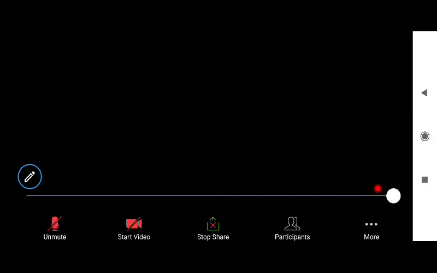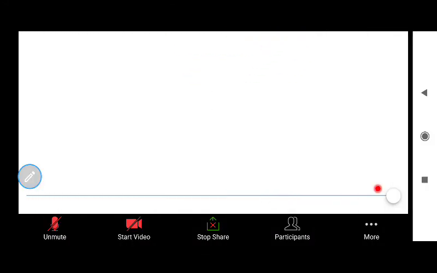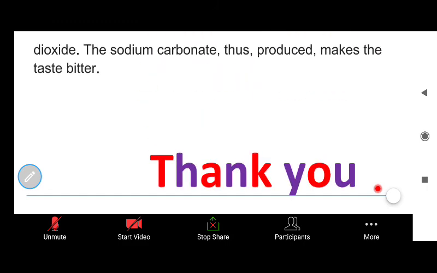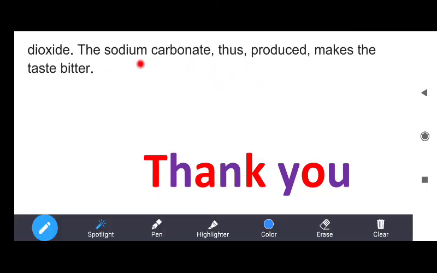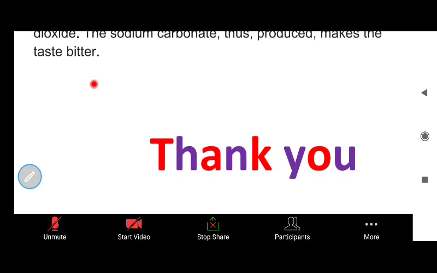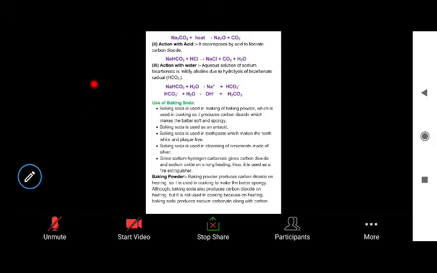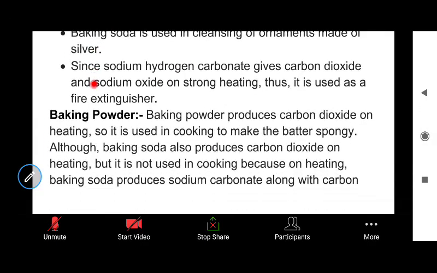The sodium carbonate thus produced makes the taste bitter. That is why baking soda is not used for making food, not used in cooking.